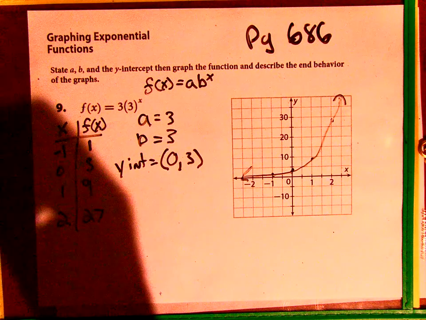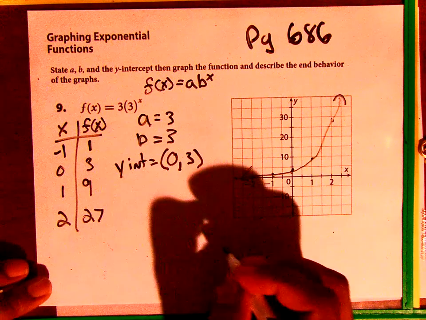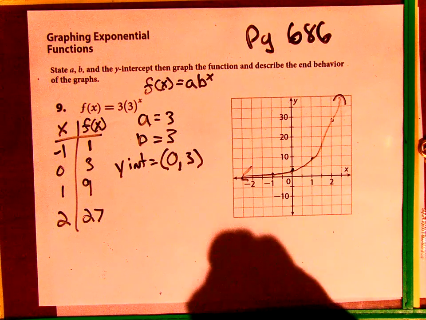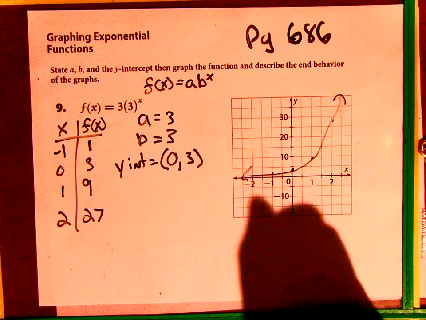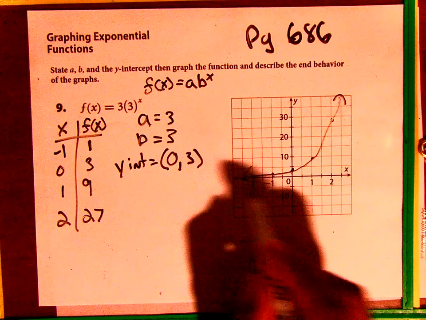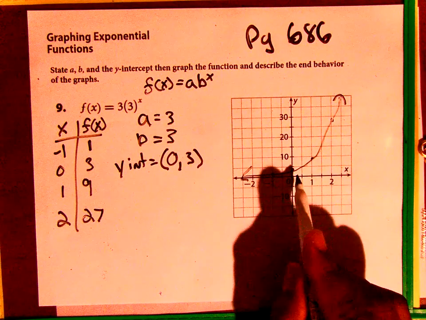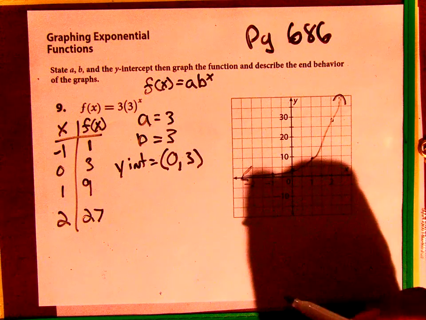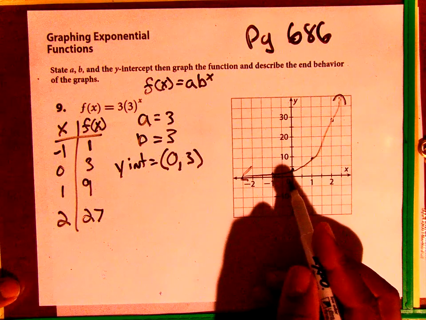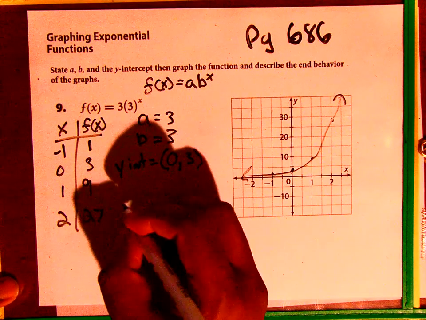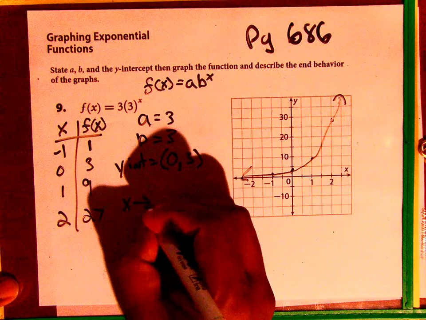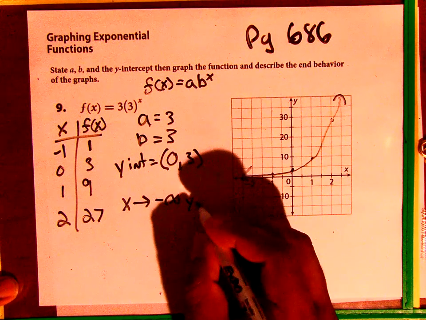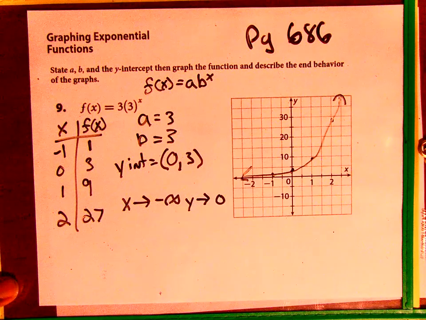Now we're going to talk about the end behavior. There are 2 things you have to check. You have to see when x goes to negative infinity, what does the line do? And when x goes to positive infinity, what does the line do as far as going up and down? So as x goes to negative infinity, y goes to 0.